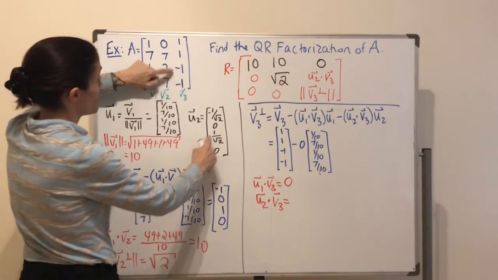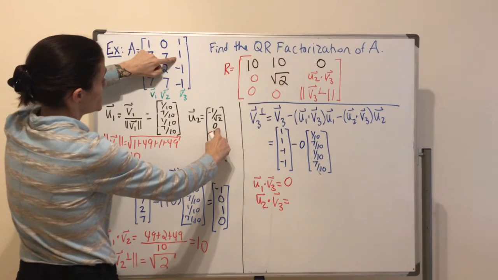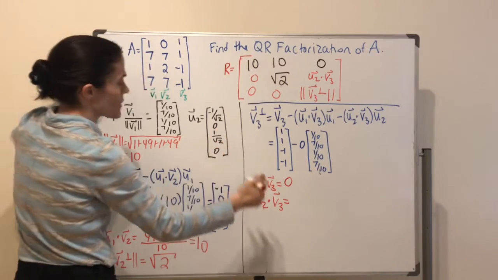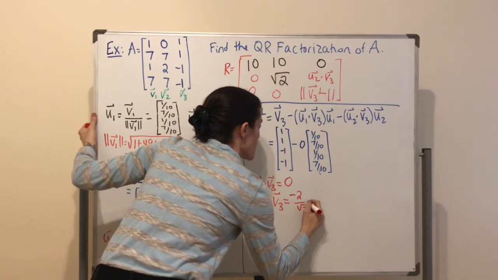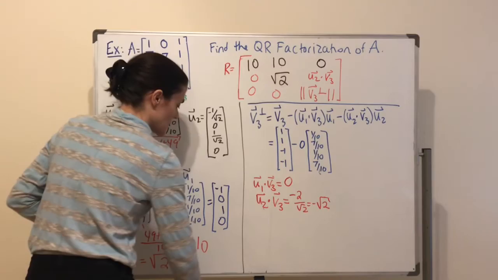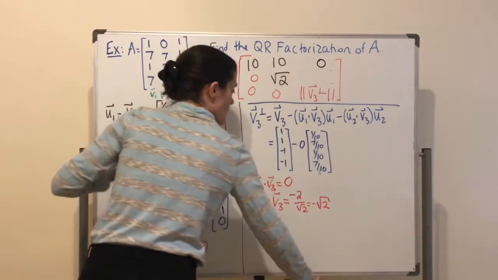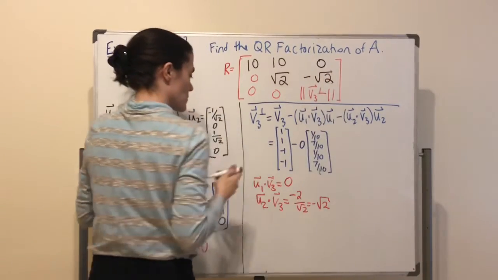Let's see what we get. We have, this is negative, this is 0, and another negative and 0. So this is negative 2 over the square root of 2, which is the same thing as negative square root 2. Let's see, I am coming down to almost having my matrix R. This is negative square root 2.